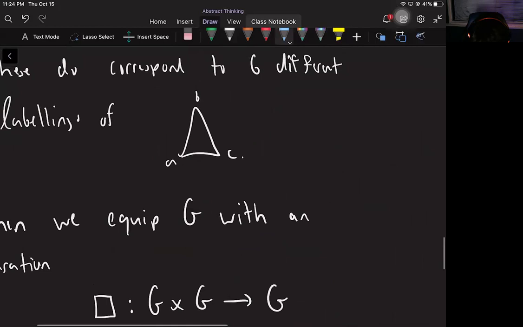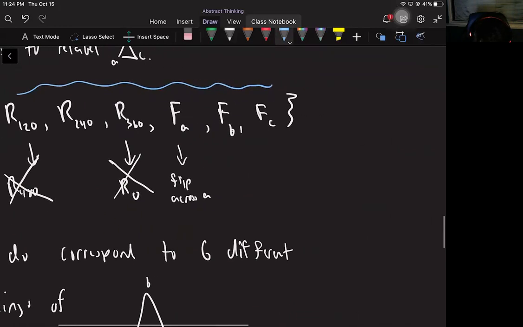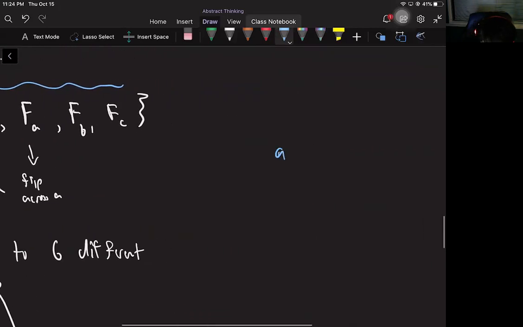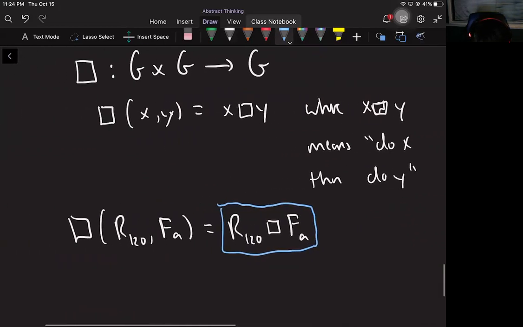That better end up being one of these 6. Because when you do an operation, like if I do 5 plus 3, I don't create some new number that didn't exist already in the real numbers. It's just back in there. So this better be back in the set G.